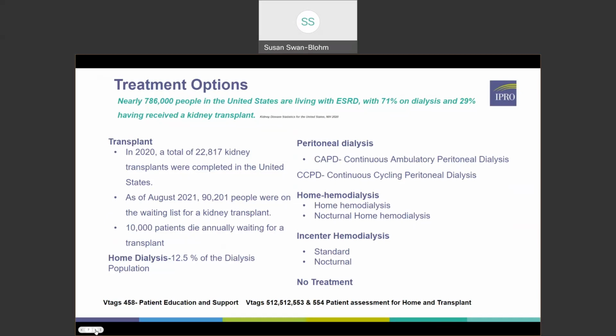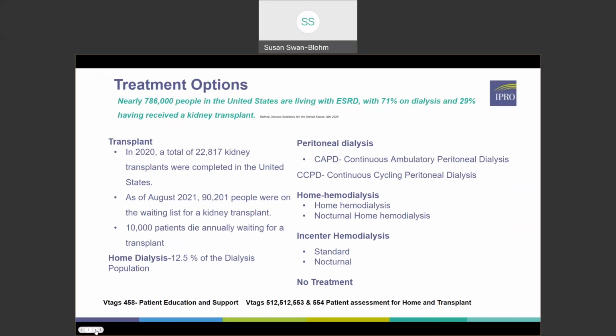Conditions for coverage V-TAG 458 states all patients must be provided unbiased education of treatment modalities, including transplant, home, and in-center option. This must be documented annually in the medical record.